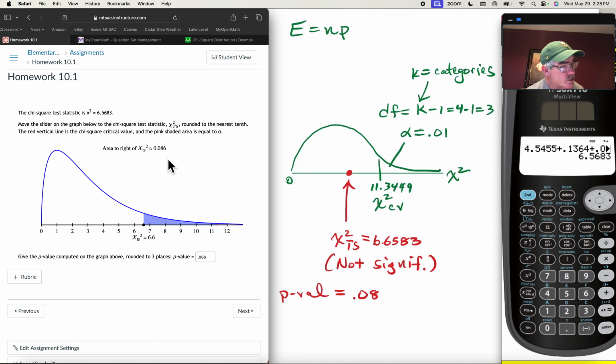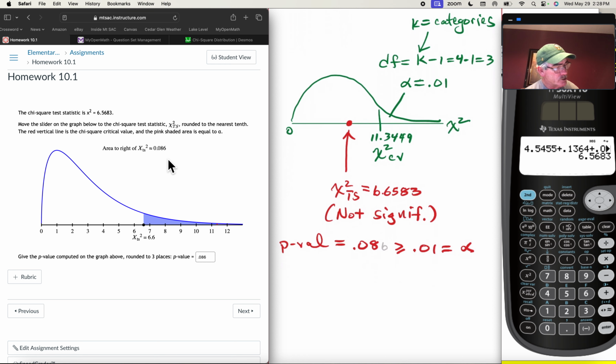Okay. I'm just going to focus on the 0.08. Okay, and 0.08 is actually substantially bigger. That's 8% bigger than 1%, 0.01, which is our alpha. And whenever it's larger, we fail to reject the null hypothesis.